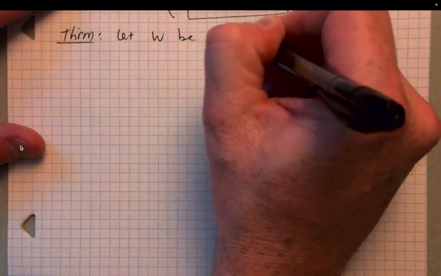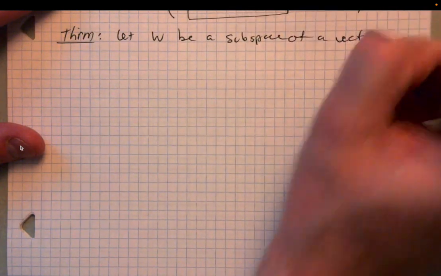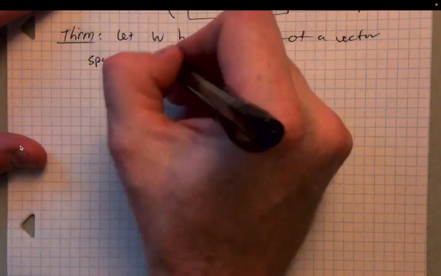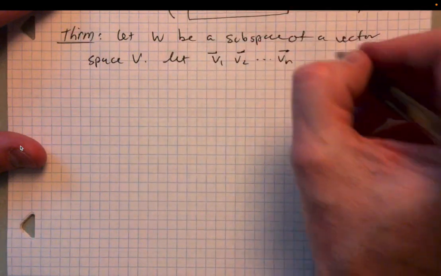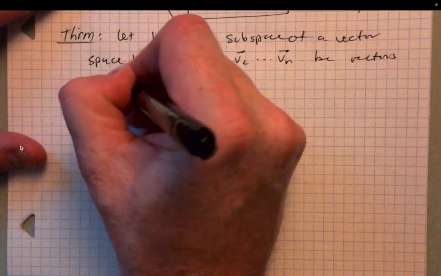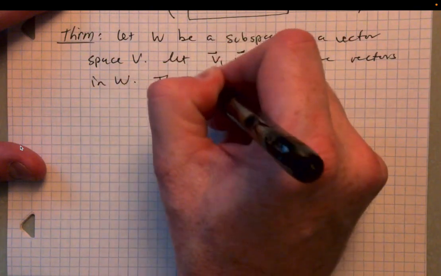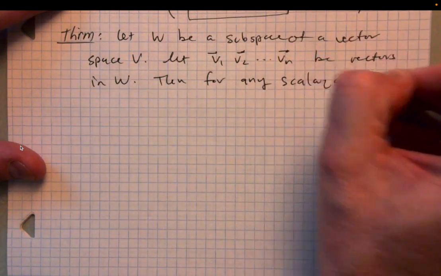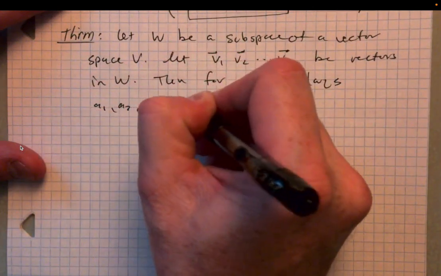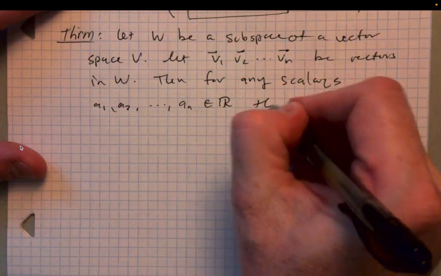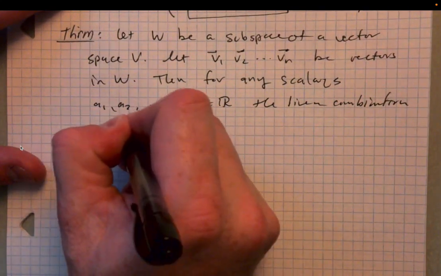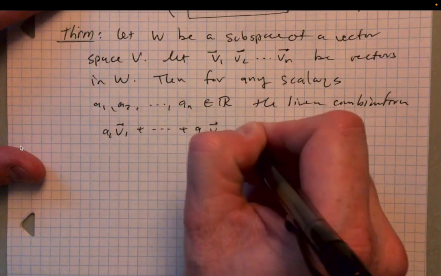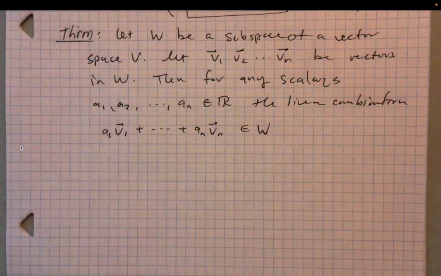So let's let W be a subspace of a vector space V. And let's let V1, V2, dot dot dot, Vn be vectors in W. Then for any scalars A1, A2, dot dot dot, An in R, the linear combination A1 V1 plus dot dot dot plus An Vn is itself an element of W.